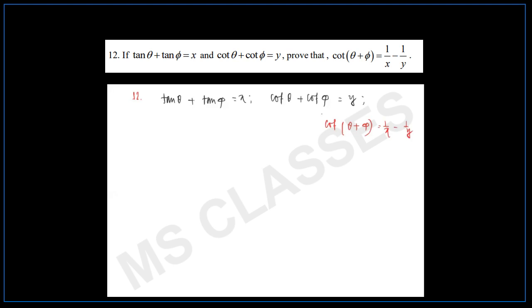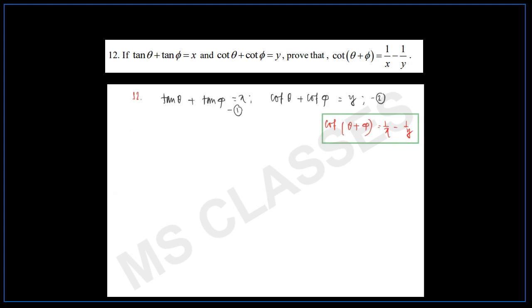So this is what we need to prove. Now, we'd like to bring it in terms of tan first. The first one we can mark as equation 1, this one we mark as equation 2.